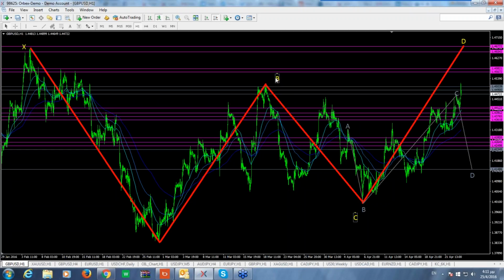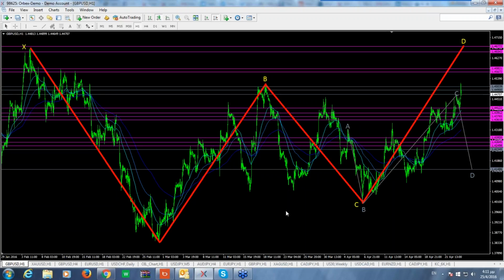Okay, for the W-like pattern on the pound versus the dollar, it's really tricky this week because it's not a 100% failed pattern. We did get an accurate pattern spotted. It's just that the patterns got bigger.